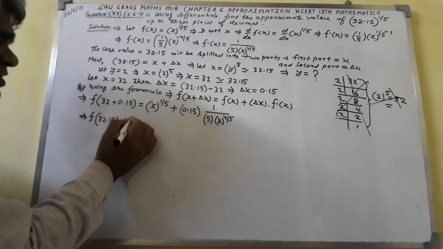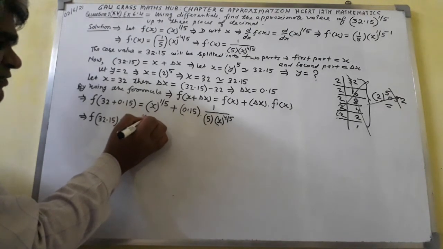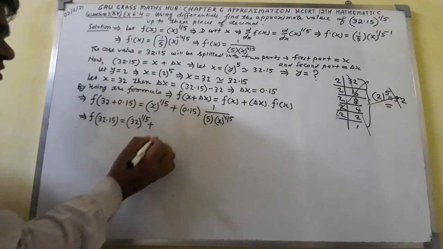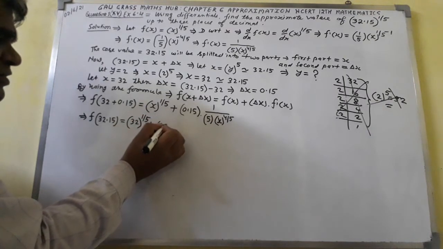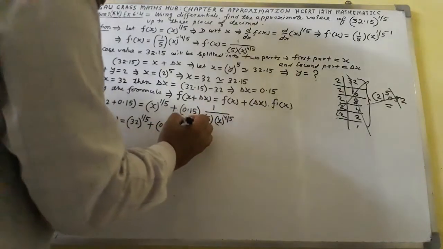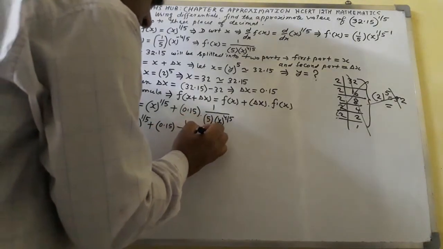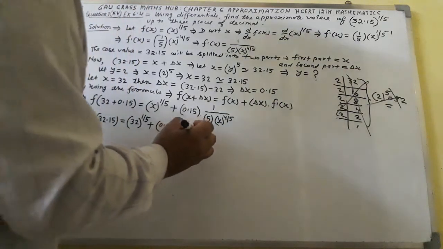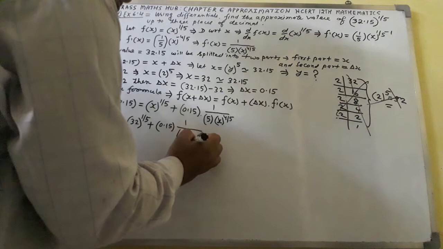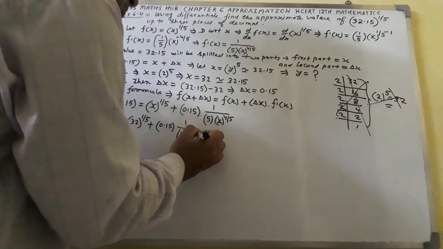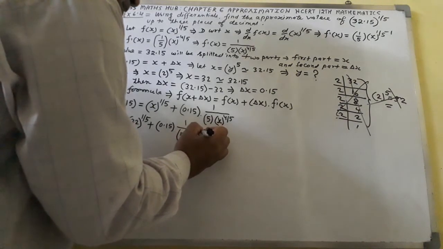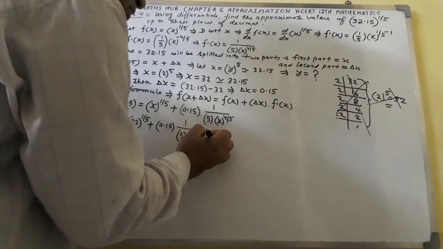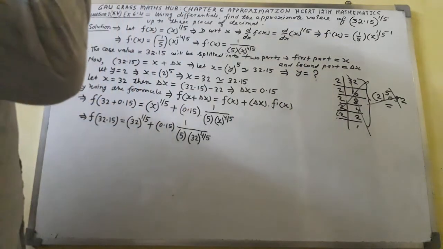So here write 32 raised to the power 1 over 5 plus 0.15. I shall write here 1 over 5. In place of x I shall write 32 raised to the power 4 over 5. This thing we have got.